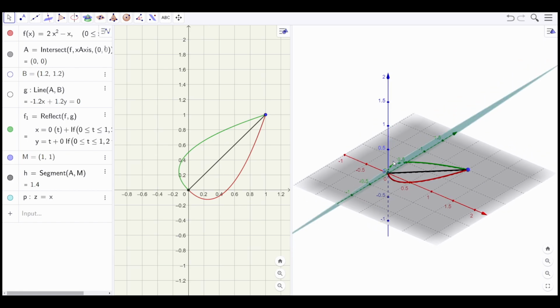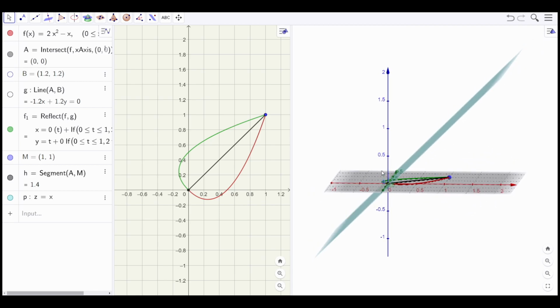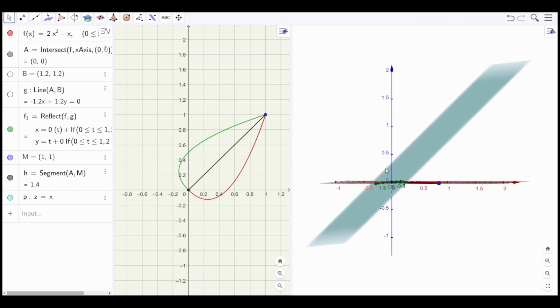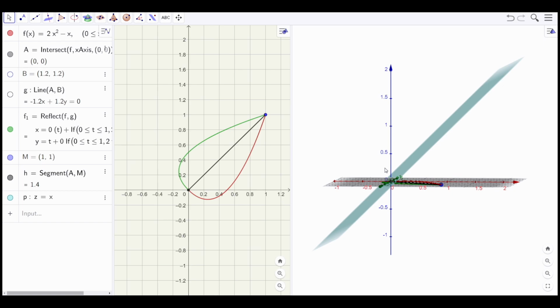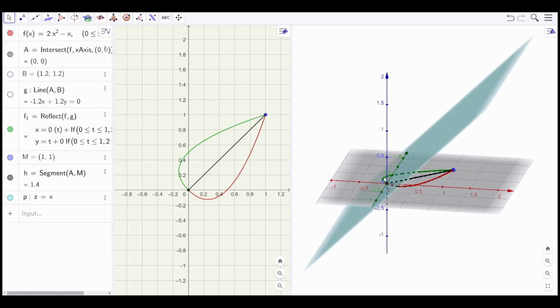And it is not equal to the volume of the other part. Yes, because in the other part, the function goes below the xy plane. So one part of it is negative.